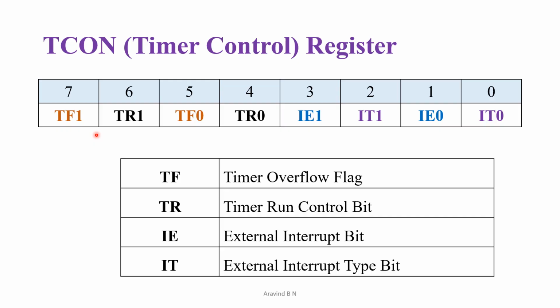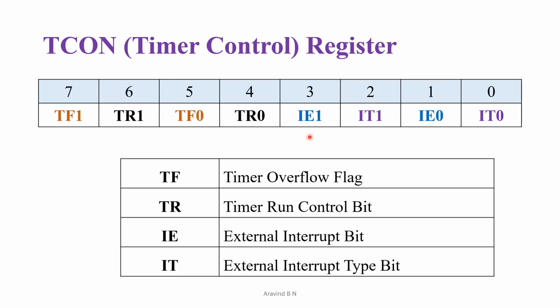Based on the requirement, whichever timer we are configuring, we are going to make use of set or reset of those particular bits. Let us have the general meaning of this. Starting from bit 0 up to bit 7: IT0, IE0, IT1, IE1, TR0, TF0, TR1, TF1. What are the 4 bits of timer 0 we are having?